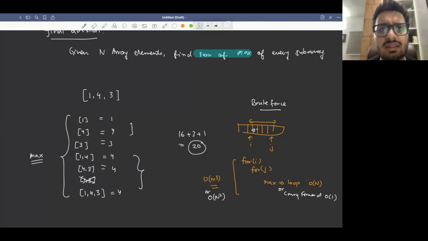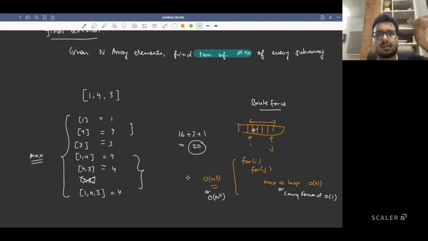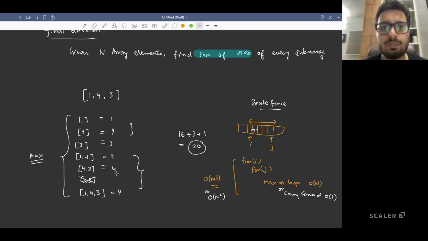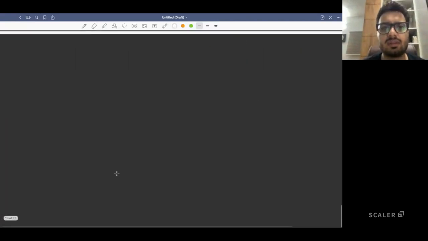So Saraswati has given us a very good thing. If you remember, we solved a similar problem in 2D arrays where we had to find the sum of max of every subarray, something like that. Do you remember something like this we have done in 2D arrays?